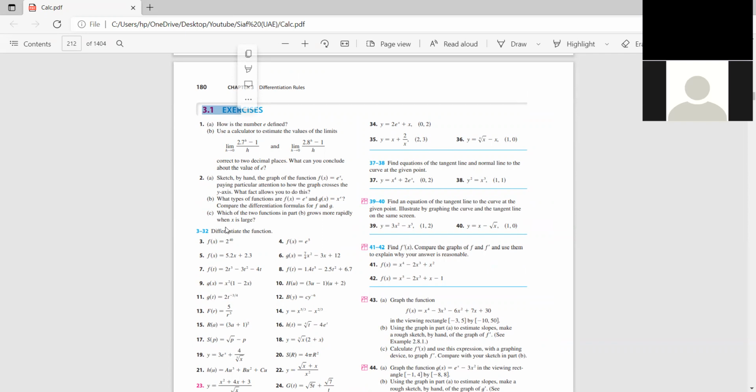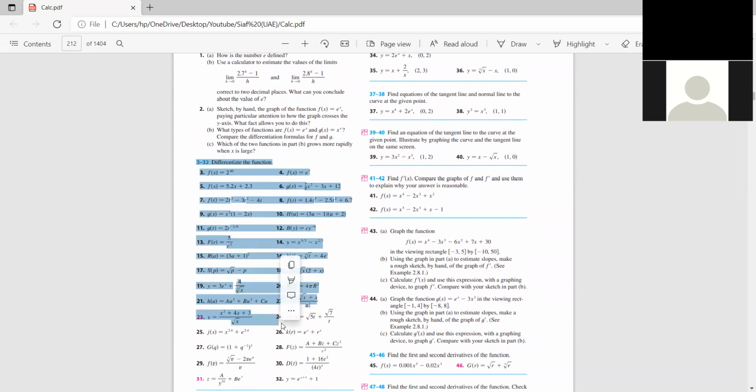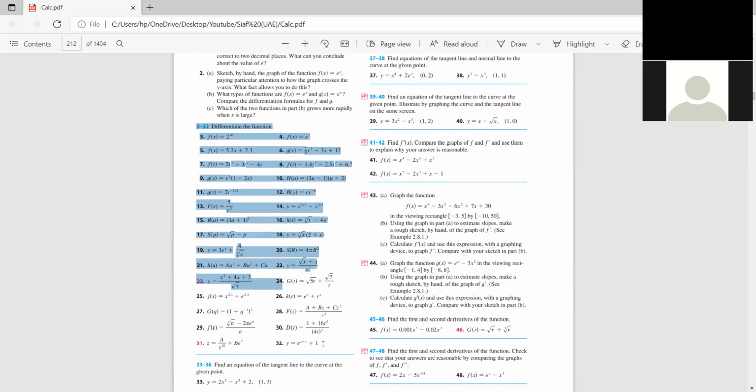Today, some of the topics will be in 3.1, and some of the topics will be in 3.2. If you do these questions, yesterday's rules will be enough to revise.